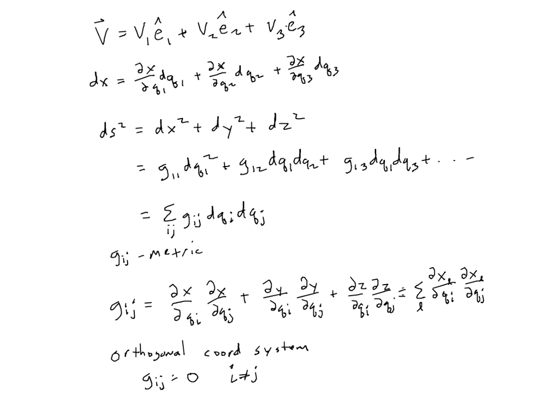So the idea is that we have our basis where e hat i dot e hat j for different bases is going to be a delta function. And this is what you see in an orthogonal coordinate system. And so since this is an orthogonal coordinate system, we can replace the metric g_ii, because i is always equal to j, with just the term h_i squared, and then you can just think about it in terms of h's.